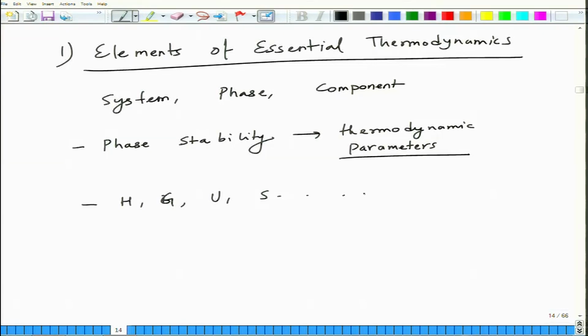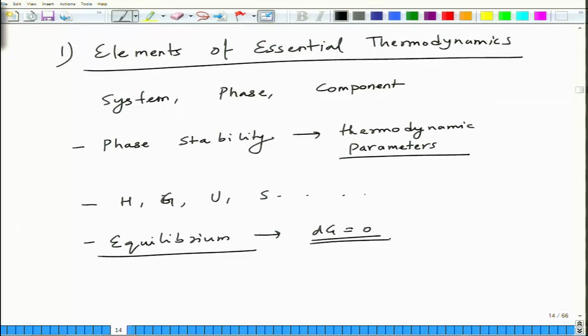Then we looked at the definition of equilibrium. What is equilibrium? Equilibrium basically means a stable state and no change happens. So in thermodynamic terms it means that at equilibrium the change in free energy is equal to 0, and this free energy is related to H minus TS, enthalpy and entropy, in this fashion.